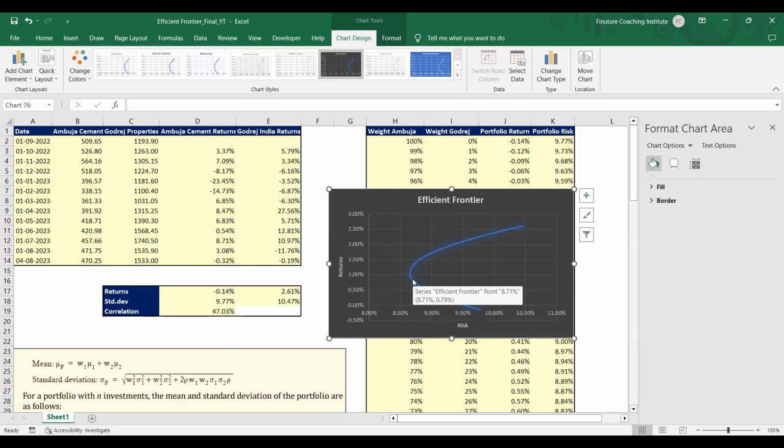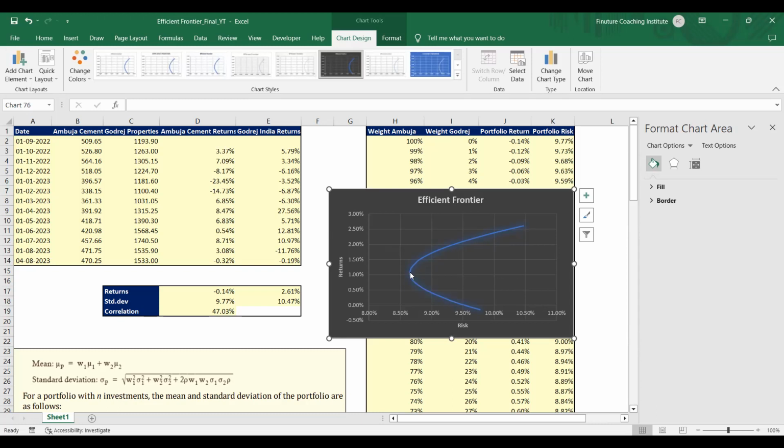Yeah, the returns are 0.79%. At the top, there is one more portfolio with 1.32%. So the portfolio at this end is efficient, the one above this point. So this point is efficient for you.